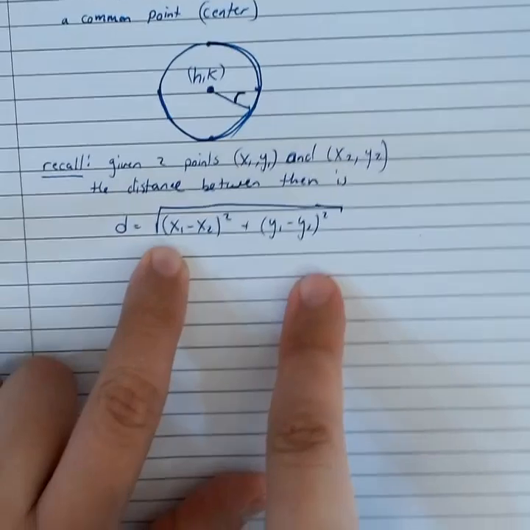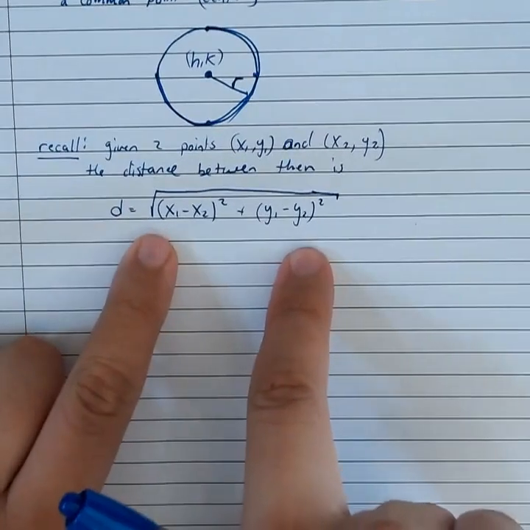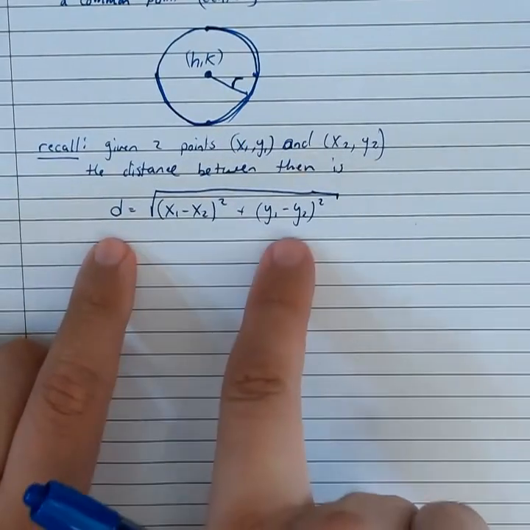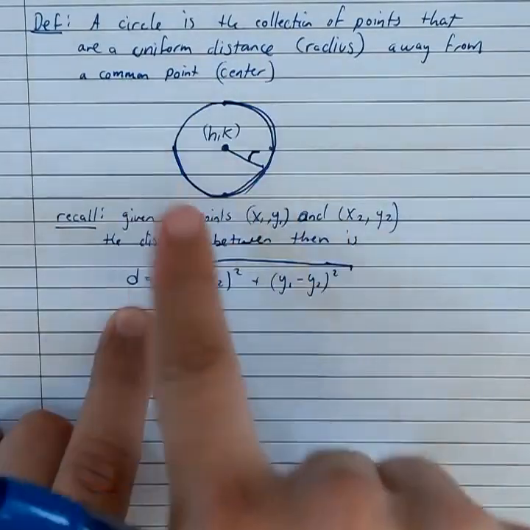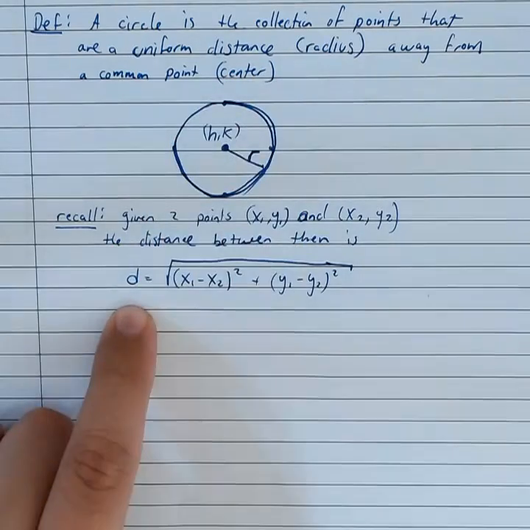This is the distance formula, and it comes from the Pythagorean theorem. Now, this is a formula that we see in pre-algebra, and we're going to use this to describe the circle, not with words, but with an equation.